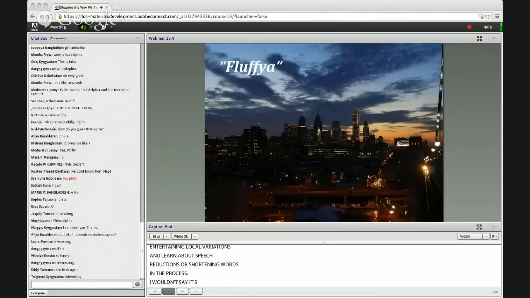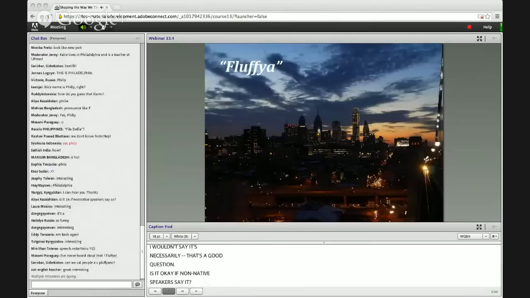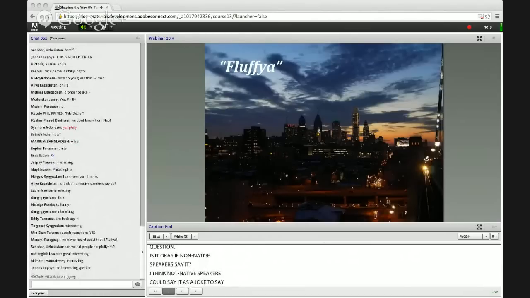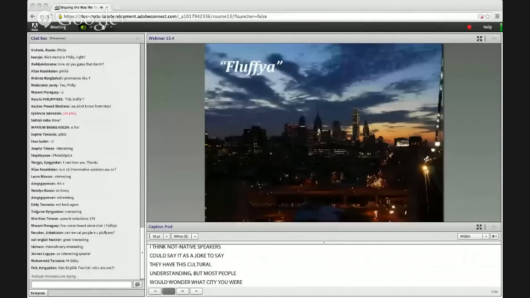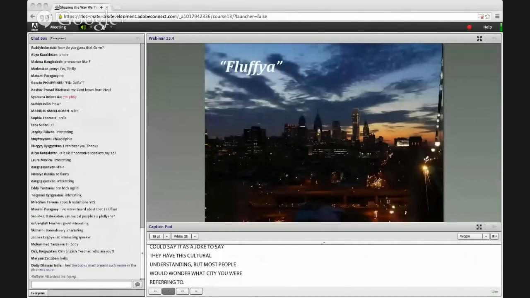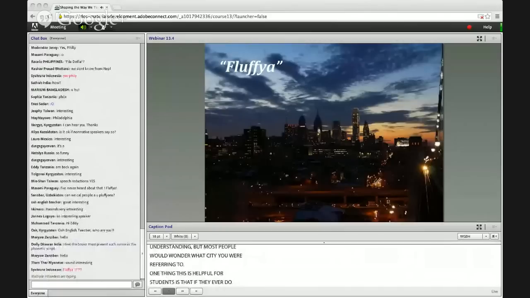I think that non-native speakers could say it as kind of a joke to show that they have this cultural understanding, but most people would wonder what city you were referring to. One reason this is helpful for students, though, is that if they ever do meet a local who refers to their city as Fluffia, they would understand, right?